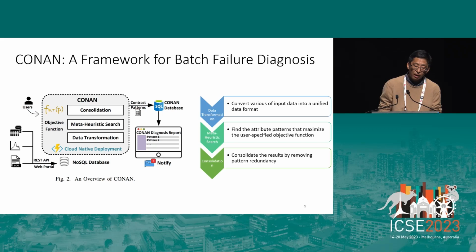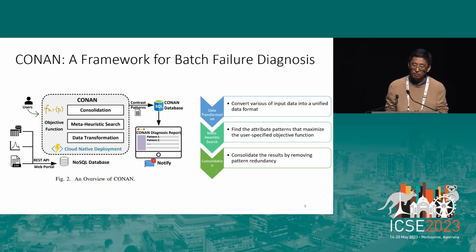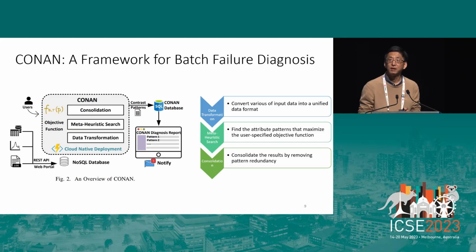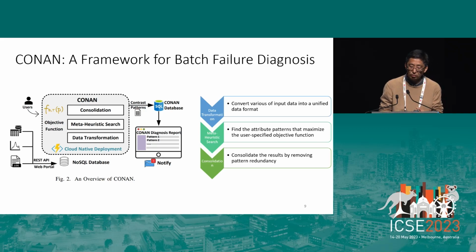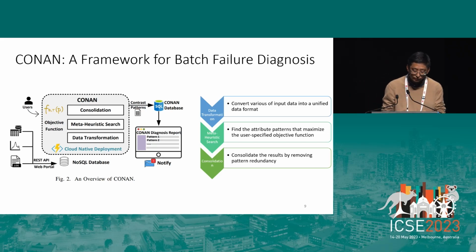Then we develop a simple meta-heuristic search-based method to identify the attribute value combination, the pattern, that maximizes the user-specified objective function. Try to locate that attribute pair. Then after that, we do consolidation. We try to reduce the number of results being found and return the results to the developers. Developers then can look at the diagnosis report and identify the problem of the system.